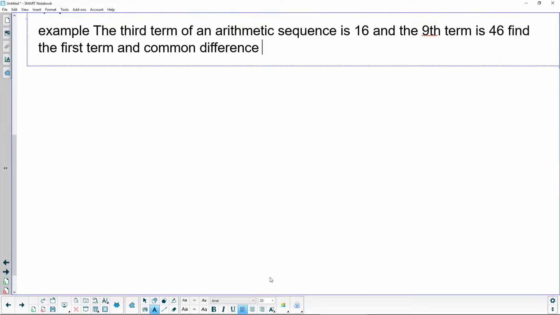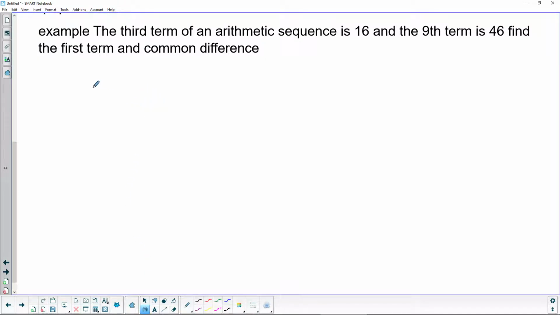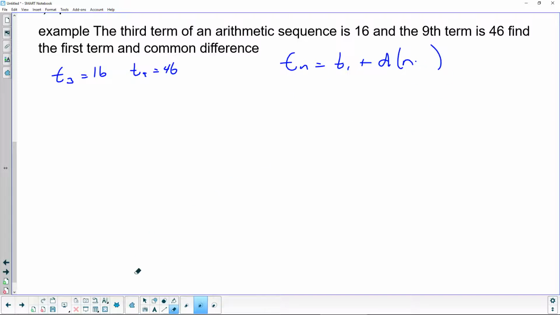Okay, so we have to use the general term formula. So we know that T3, we're only at 19 minutes, so we're still good. We'll be able to get through everything here. T3 equals 16, and T9 equals 46. So we're going to use that Tn equals T1 plus D times n minus 1.